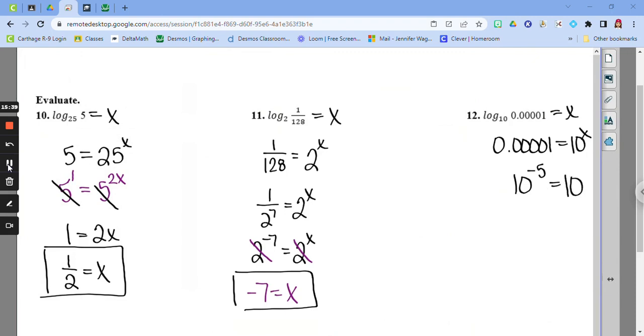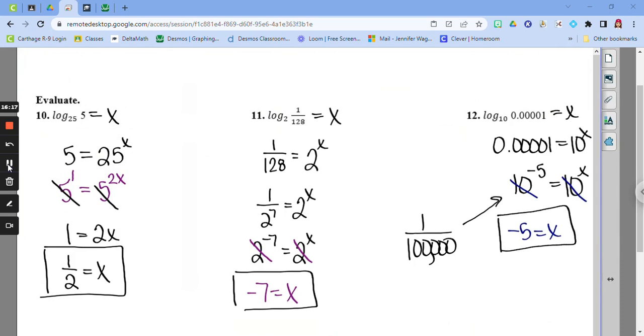So keeping in mind that is 1 over 100,000. So keeping in mind what that really is, dropping your bases, x is -5.